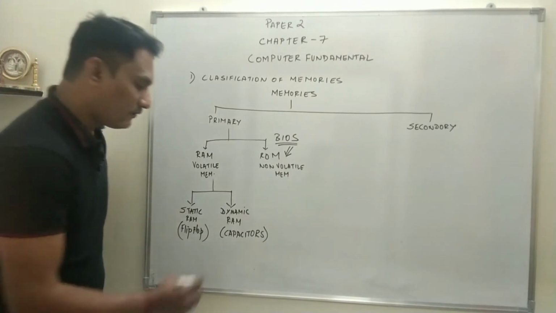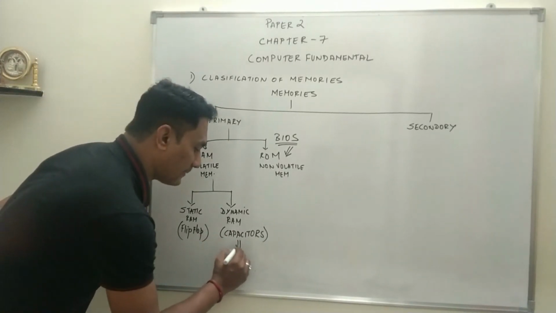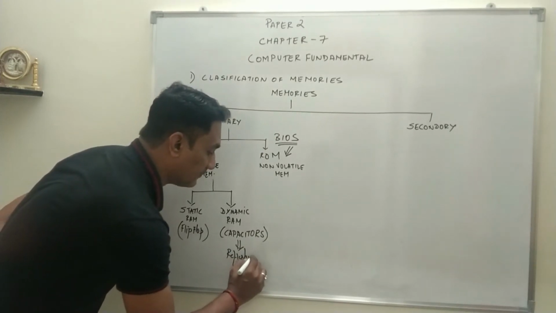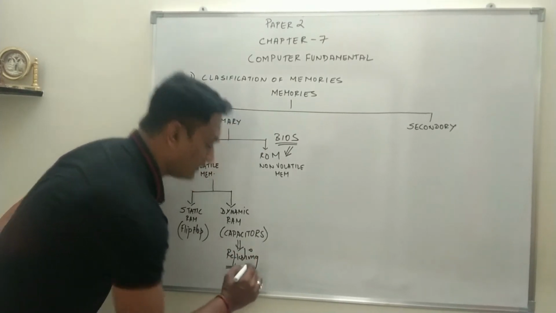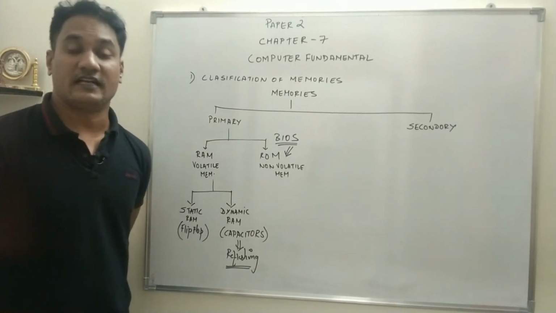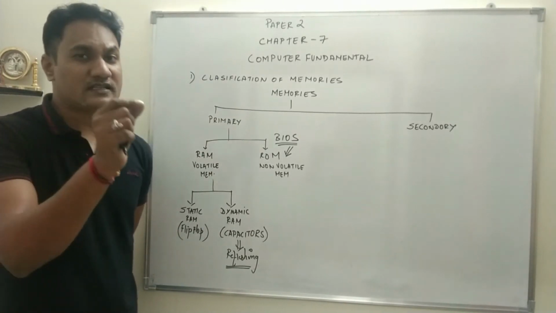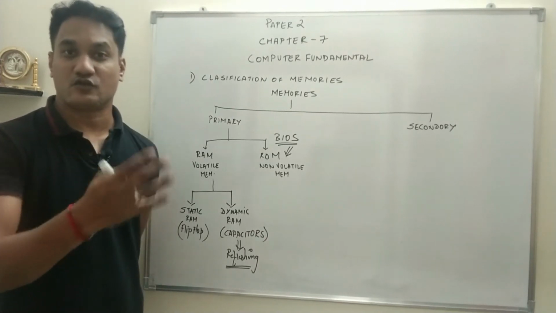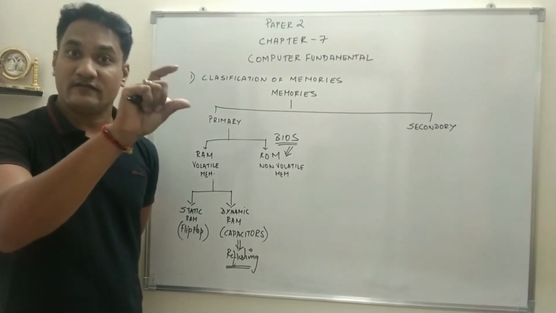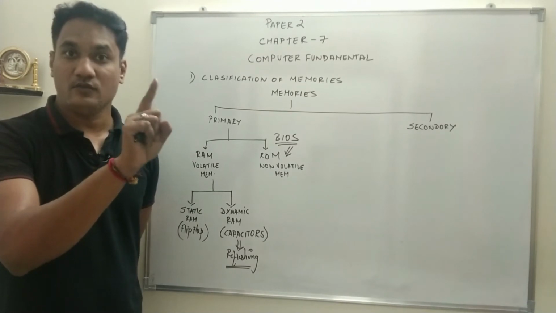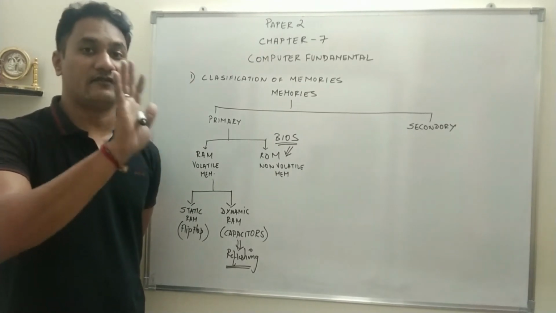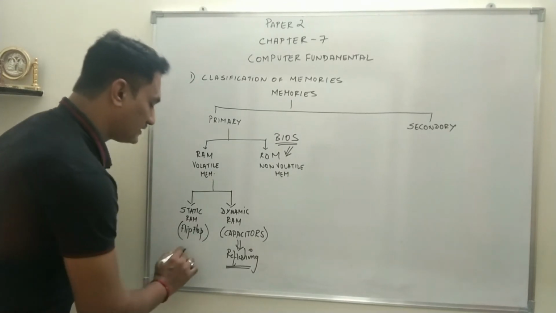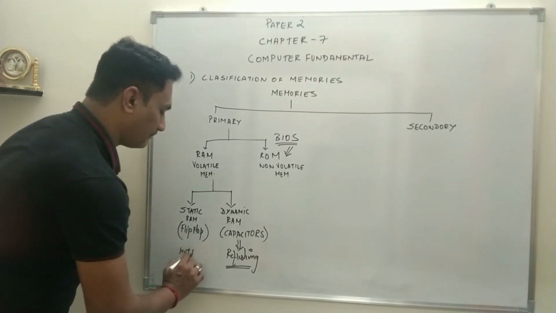So for a capacitor you have to keep on refreshing the data. Refreshing the data means whatever charge has leaked out of the capacitor has to be stored back, so that the data 1 stored in that capacitor will remain as it is. Whereas in the case of flip-flops, refreshing is not required.